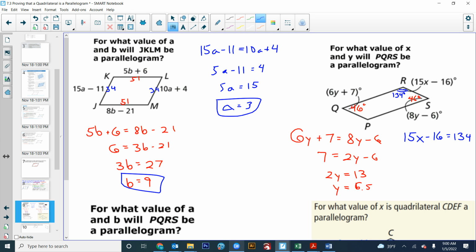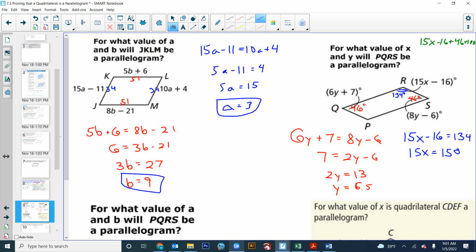Option 2, you could say 15x minus 16 plus 46 equals 180. You could add up the consecutive angles to equal 180. Does that make sense? Both options are correct. So 15x, I'll do this one, it's a little shorter. 15x equals what, 150?